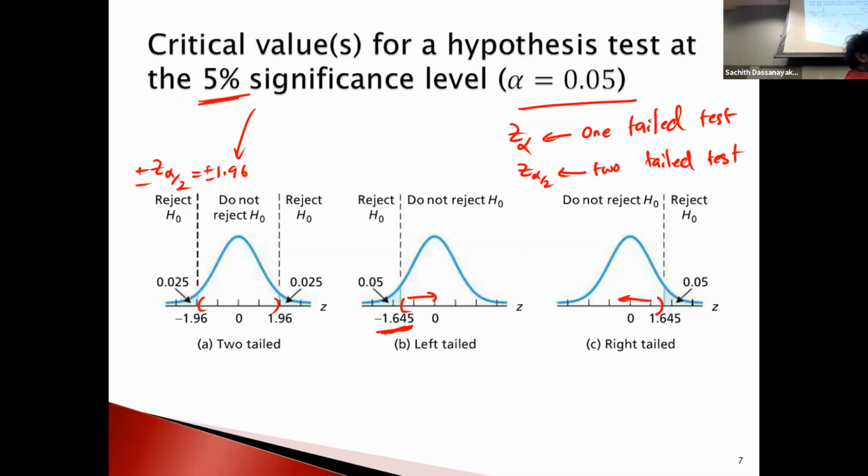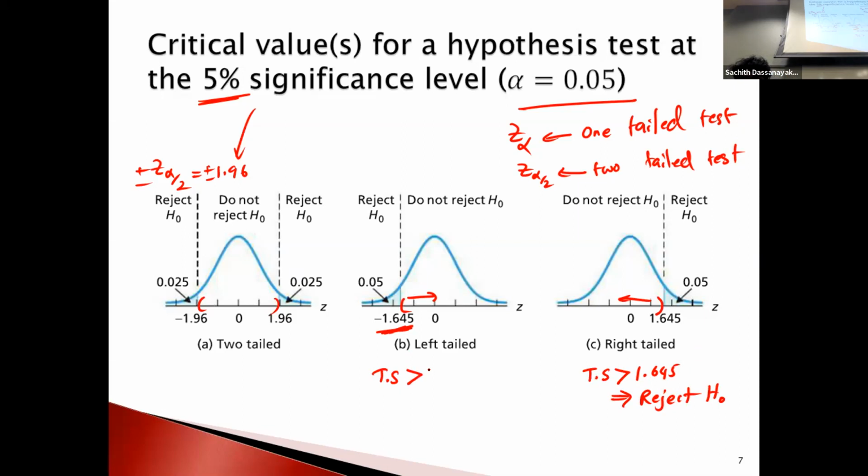Otherwise, reject. Simply, it's like this. Your test statistic value, let me call it TS, greater than 1.645, your decision is reject. Reject what? H naught. Otherwise, do not. Clear?